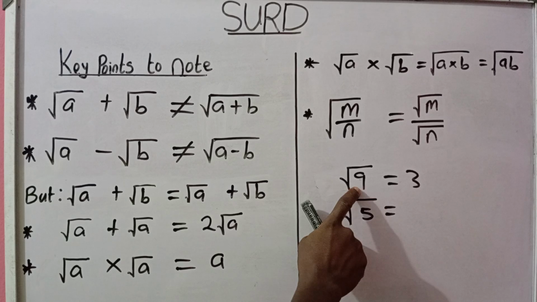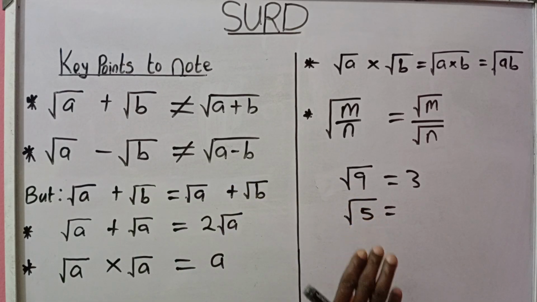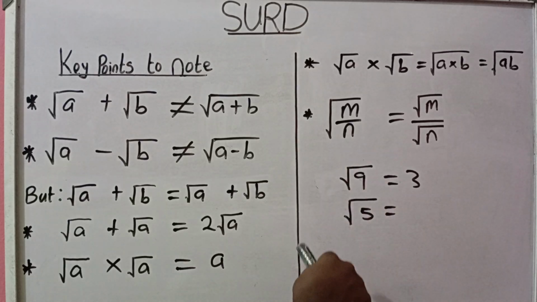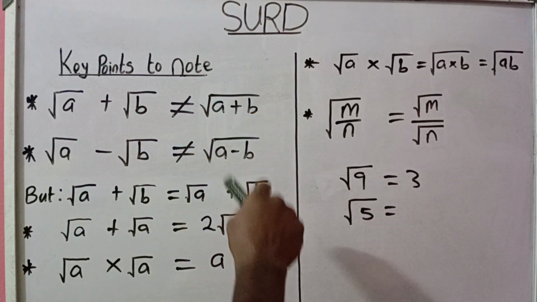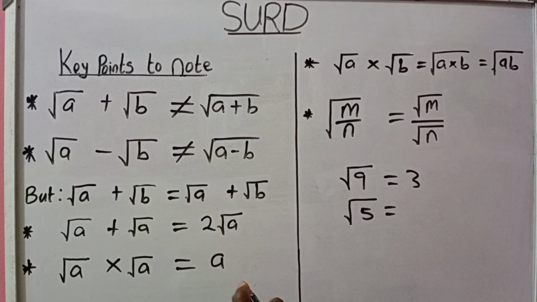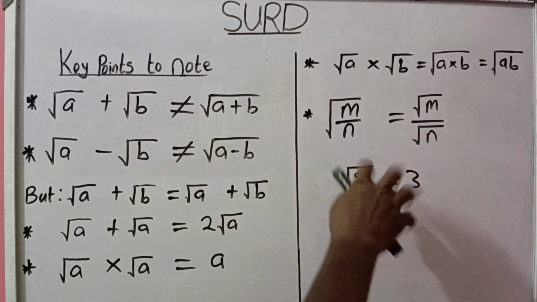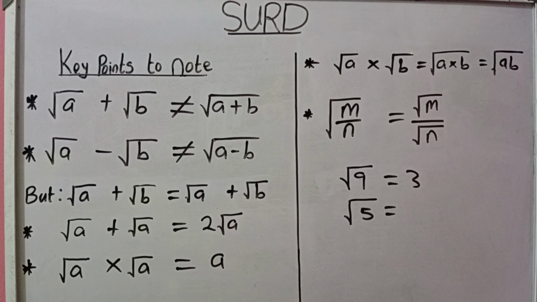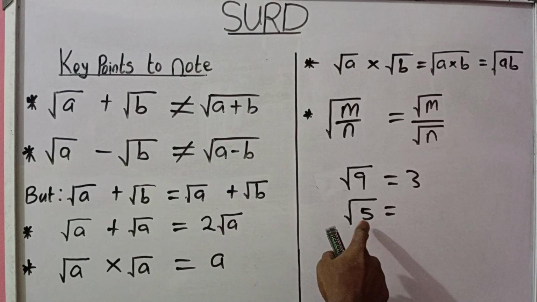All right, so root 9 is not a surd because it is a rational number. Remember what I said, that surds are referred to as irrational numbers. Then we are discussing it in terms of roots here, of which root 5 cannot be determined. You can't say that this number multiplied by this number will give us 5.